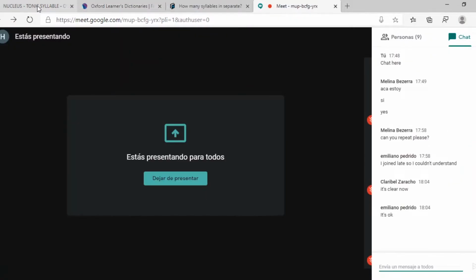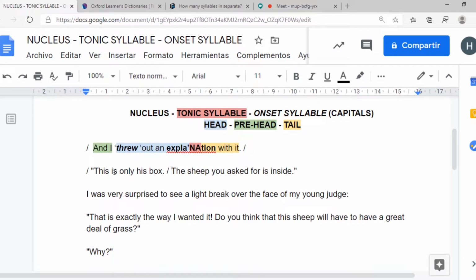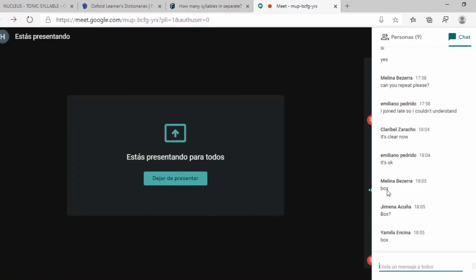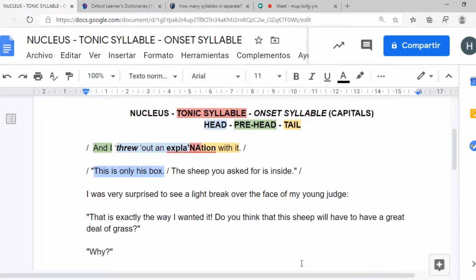Okay, so in this case I have, this is only his box. What is the last content word or lexical word in this unit? Box. Excellent. So box is the last content word.